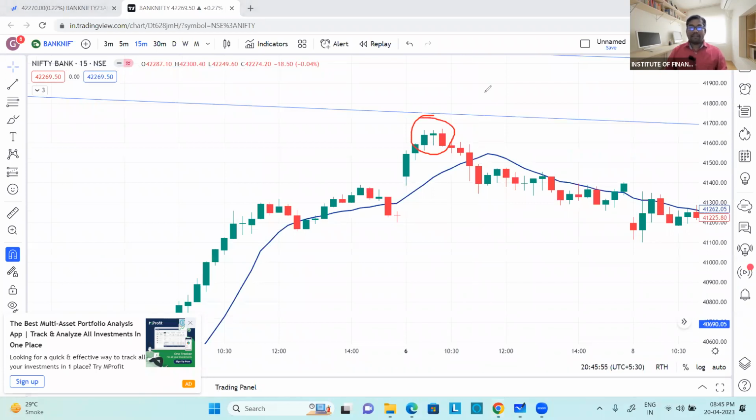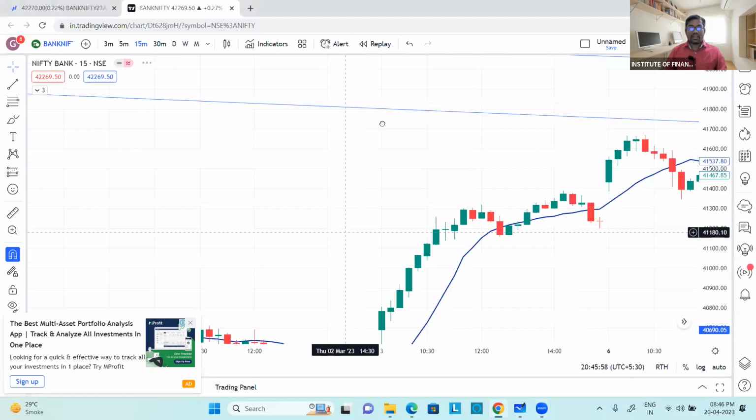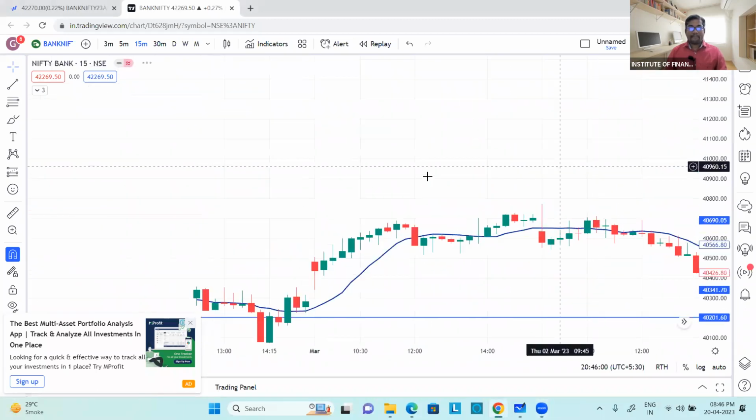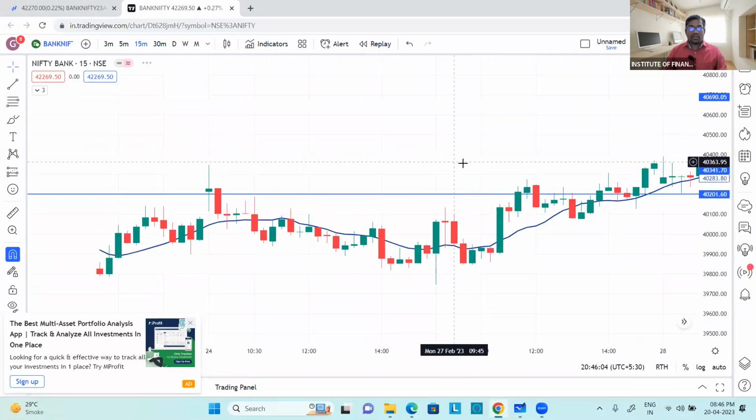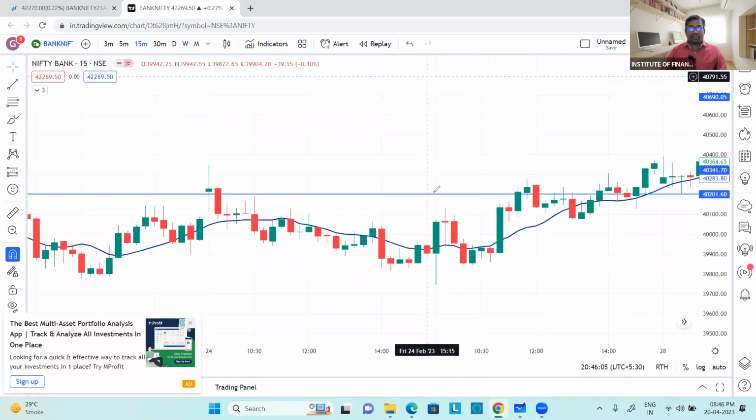This one, evening star. This one. अभी देखो ये क्यों नहीं चला, why did it not work?